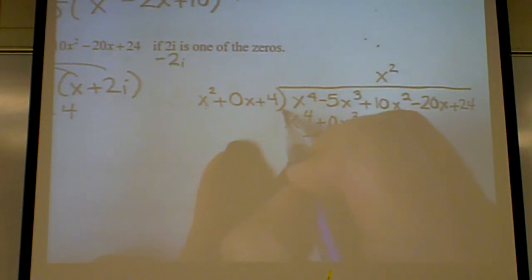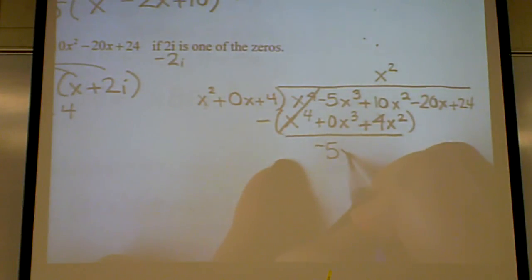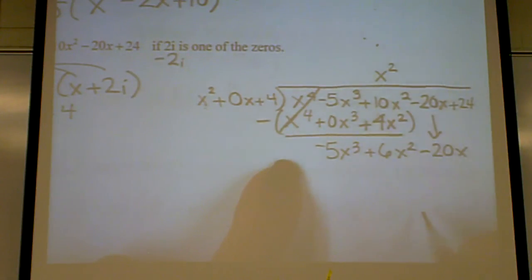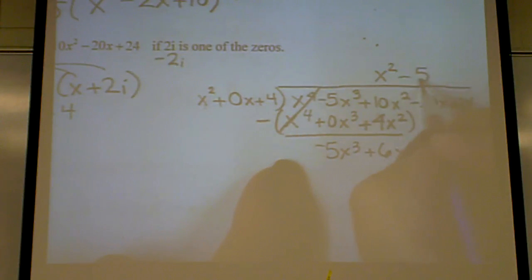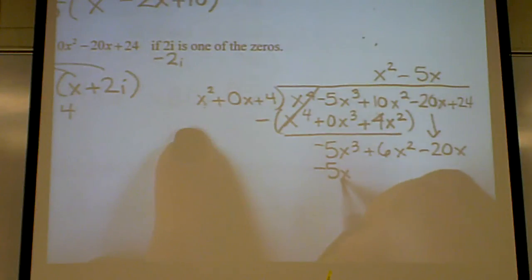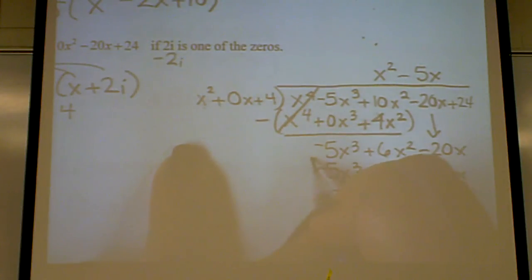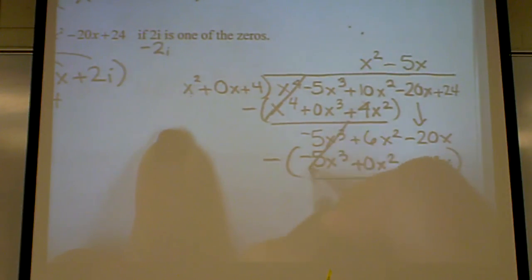Okay, we're going to subtract. Cancel, negative 5x cubed plus 6x squared, bring down negative 20x. Always bring something down. We need to get rid of negative 5x cubed, so we need a negative 5x. This times these 3: negative 5x cubed, 0x squared, negative 20x. Subtract. This cancels.